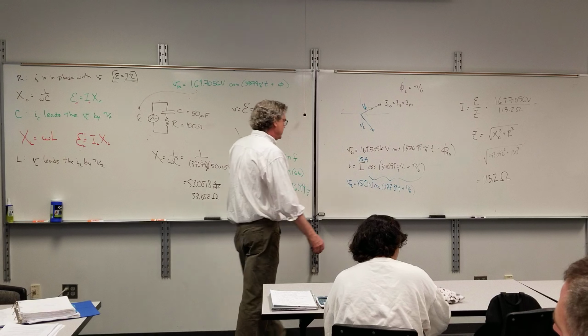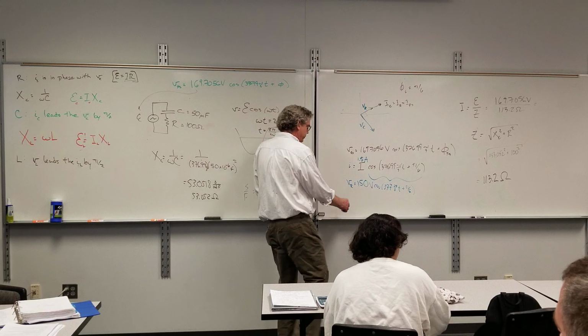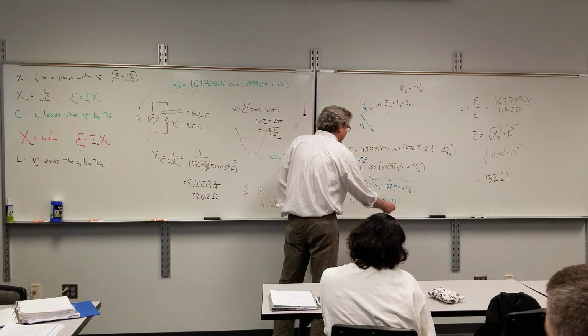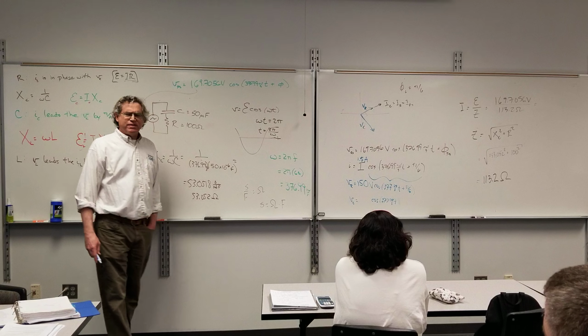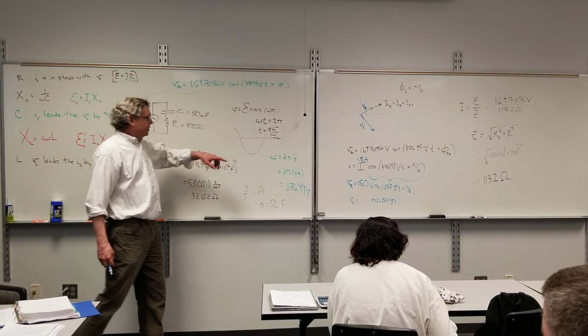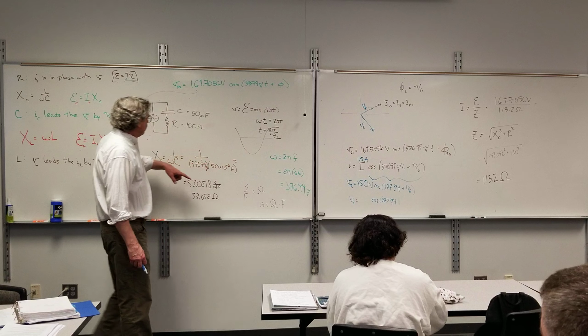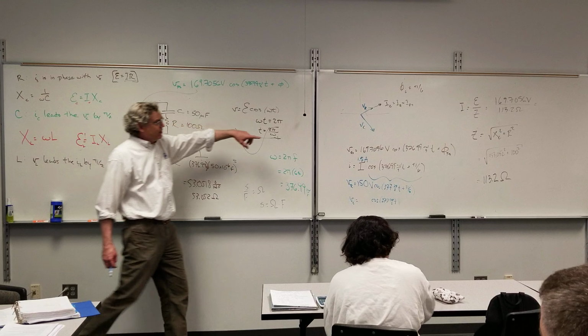The last one is the voltage for the capacitor. Well, I know we're going to have cosine of 376 point yada yada yada radians per second times time. I know that the phase of the voltage for the capacitor is down here in my fourth quadrant.